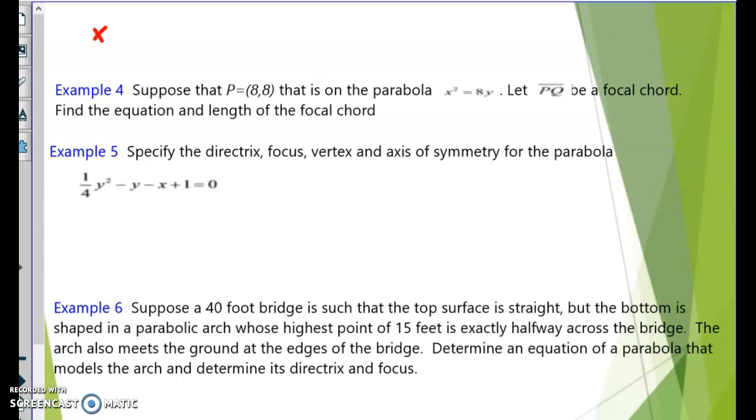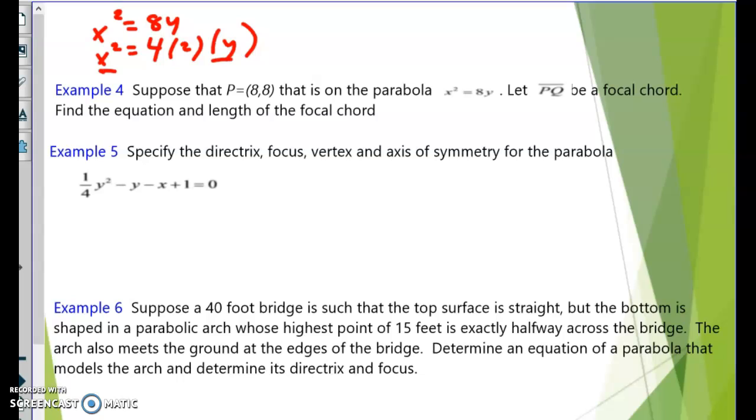So if I have the equation x squared equals 8y, we know that the 4 is part of our formula, so the 2 is the p. The focus would be that distance, that p, from (0, 0), because obviously there's no h and k here.